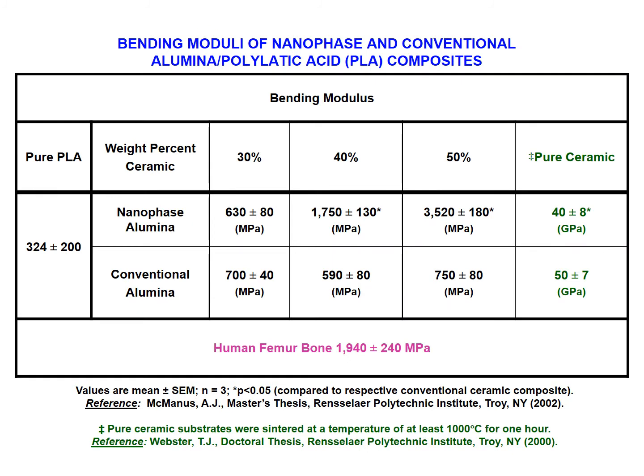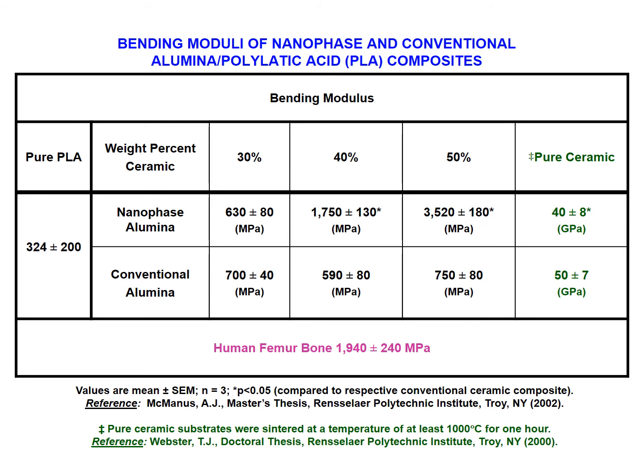Another important aspect of this study was determination of the mechanical properties of the substrates. For that purpose, the bending moduli of these preparations were tested. The results are shown on this table.